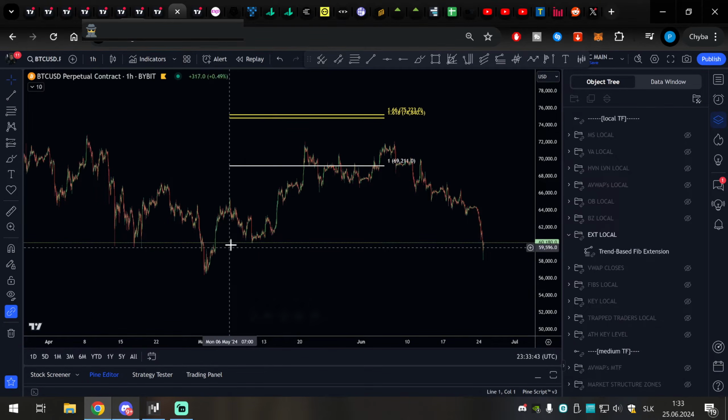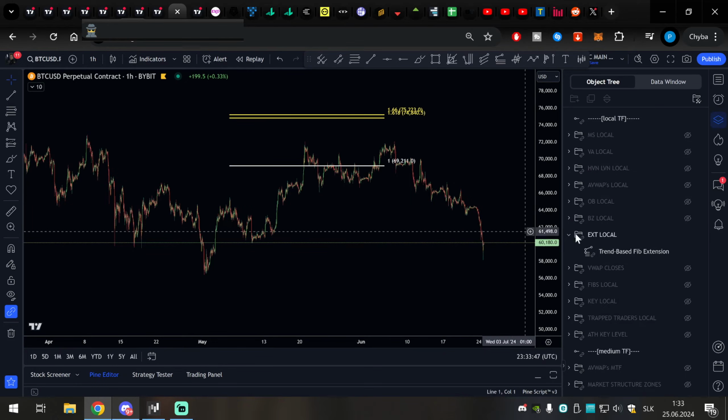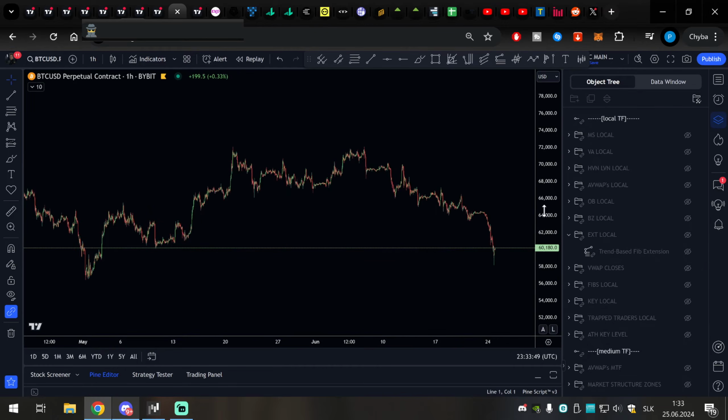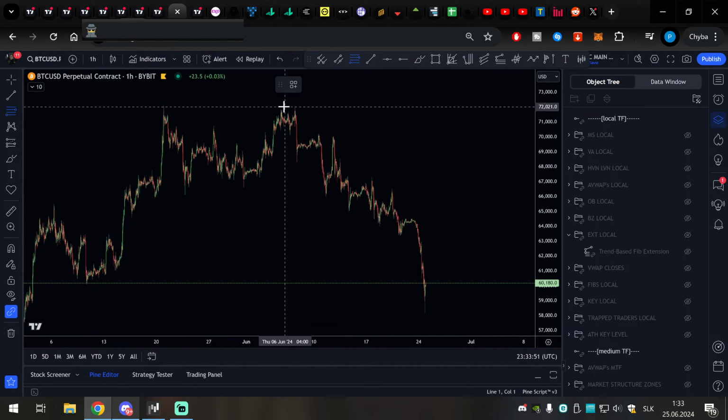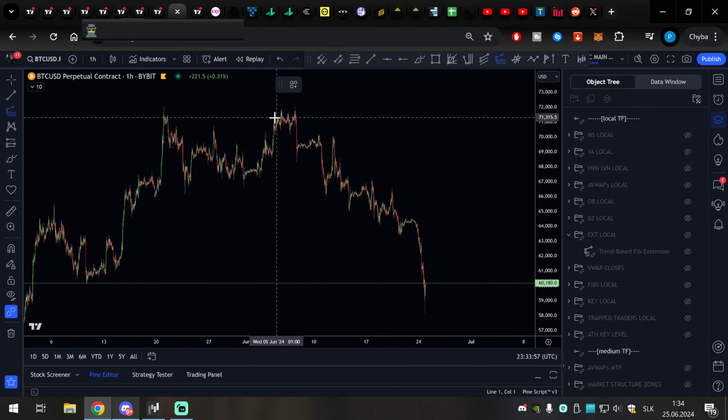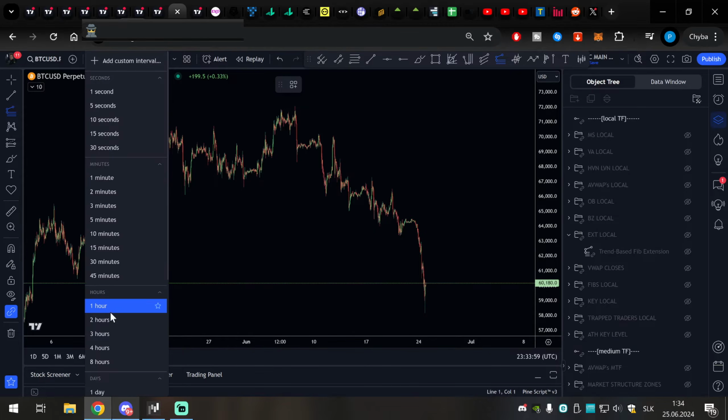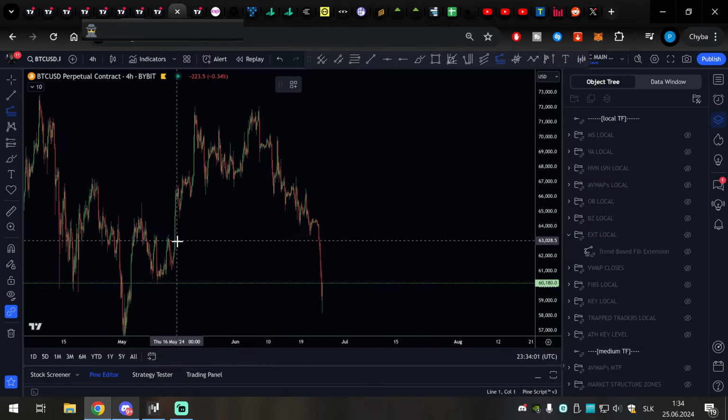This was this pull. It's still valid until the low is taken. But you also had this pull here, which was forming.